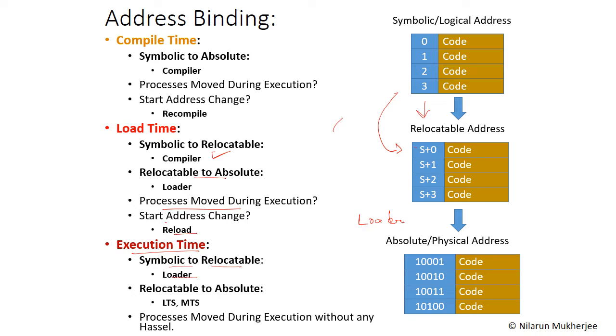Compiler does nothing, and relocatable to absolute is done by the long-term scheduler or midterm scheduler. That is the OS. Who moves a process? OS moves a process. Who assigns the physical address? OS assigns the physical address. So when the process moves, actually nothing is to be done. OS will take care of that. How? We will see.